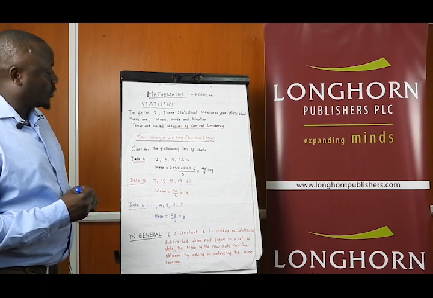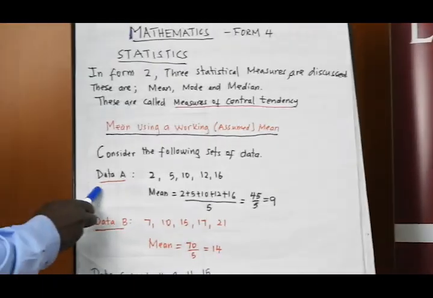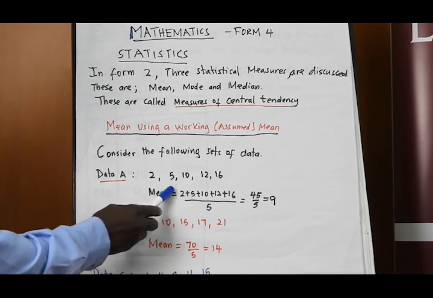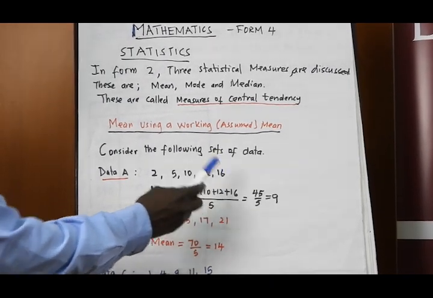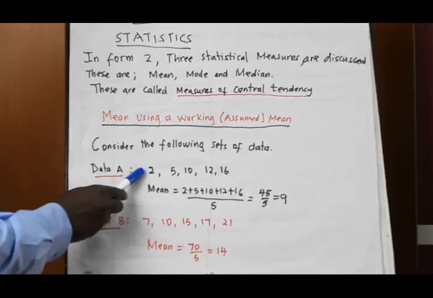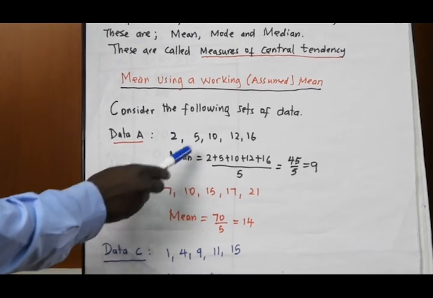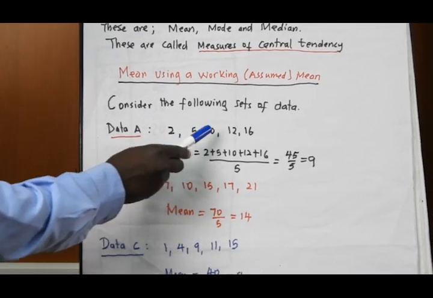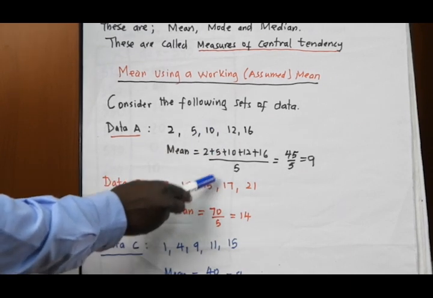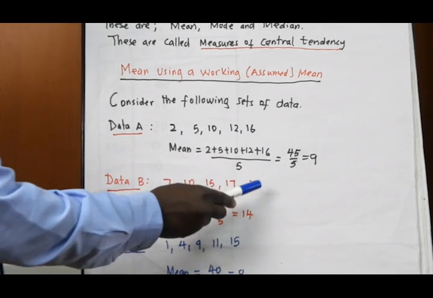For example, look at the 3 sets of data given below. There's data A, which has 2, 5, 10, 12, and 16. There's data B, which is gotten from data A by adding 5. So 2 plus 5 is 7, 5 plus 5 is 10, 10 plus 5 is 15, 12 plus 5 is 17, then 16 plus 5 is 21.